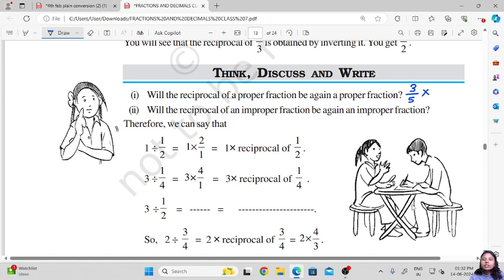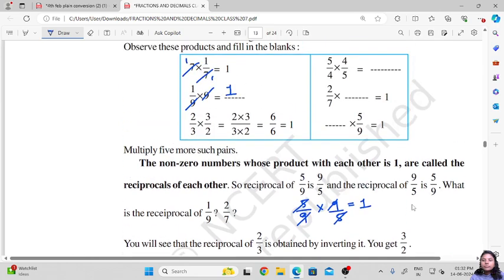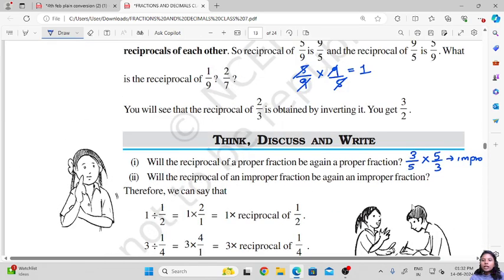Now I take the reciprocal of it, I'll get 5 upon 3. So what they are asking, will the reciprocal of a proper fraction be again a proper fraction? No, here we are getting an improper fraction, right? Here we are getting an improper fraction.